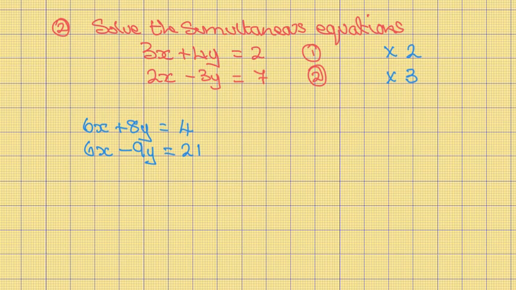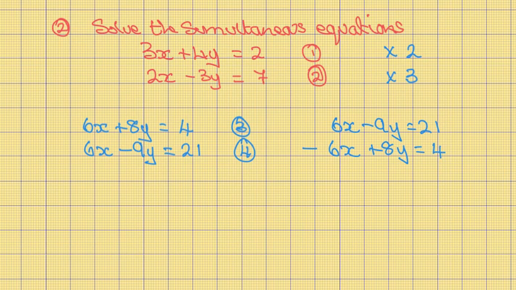I'm now going to subtract equation 3 from equation 4. So I'm going to have 6x minus 9y equals 21 minus 6x plus 8y equals 4.